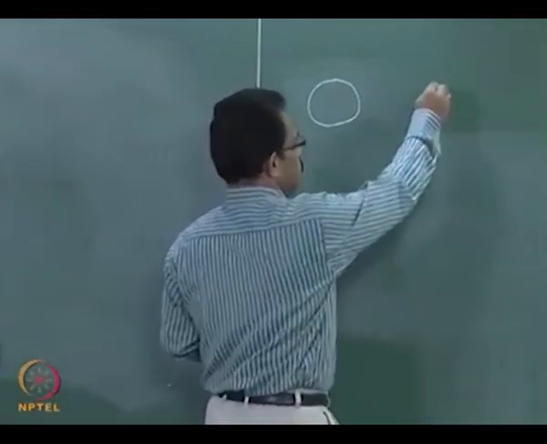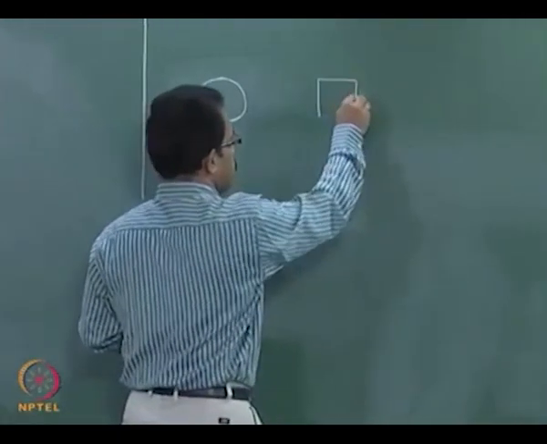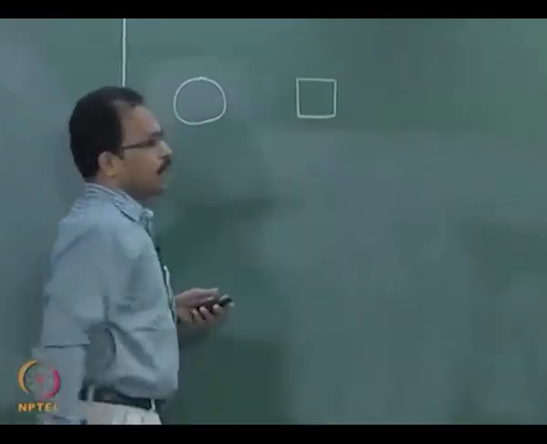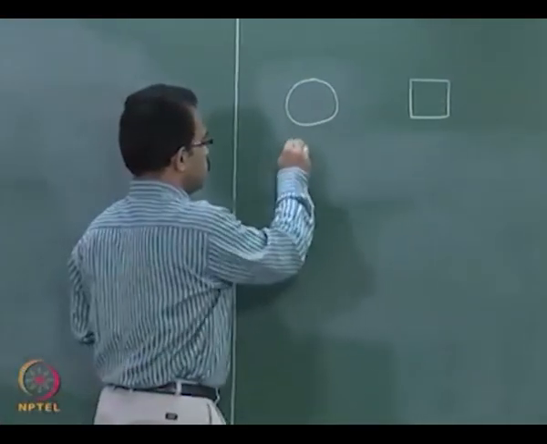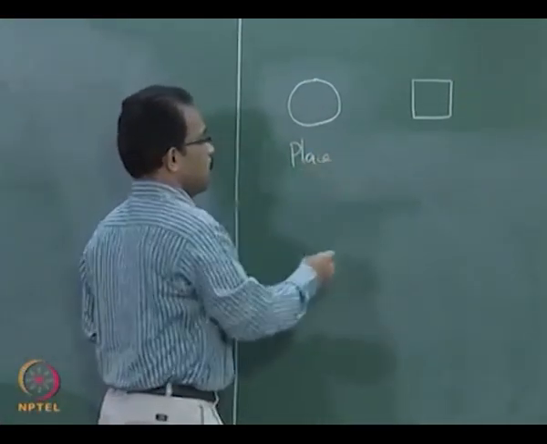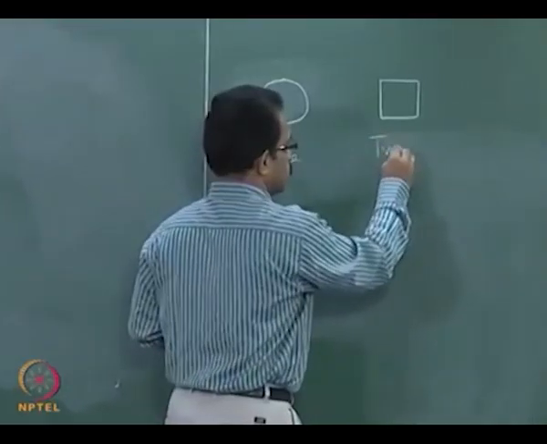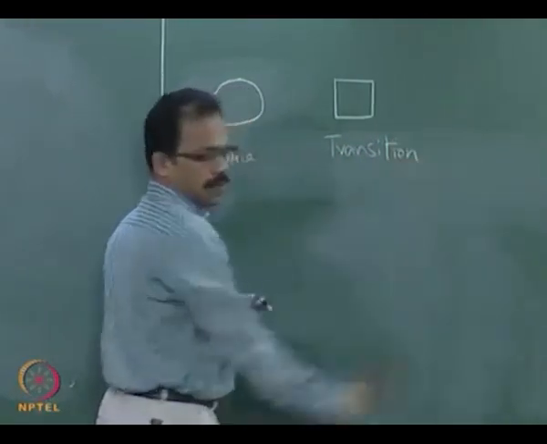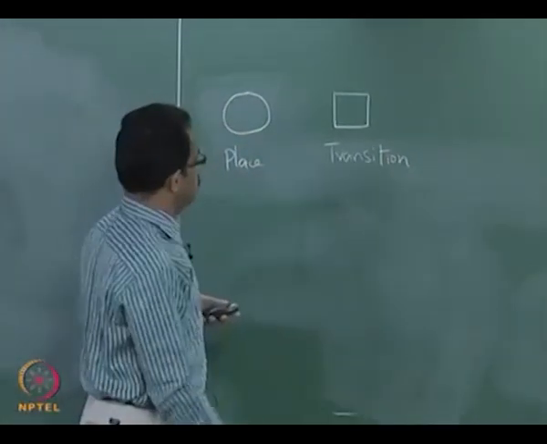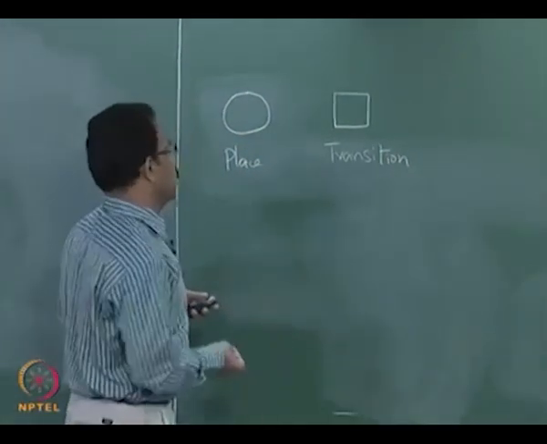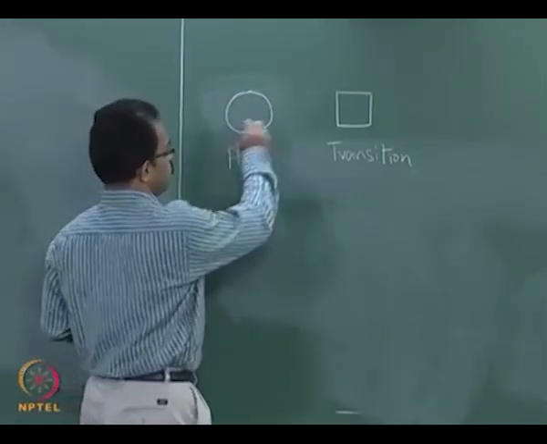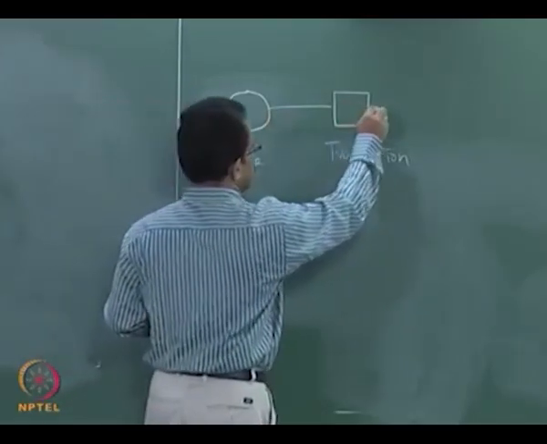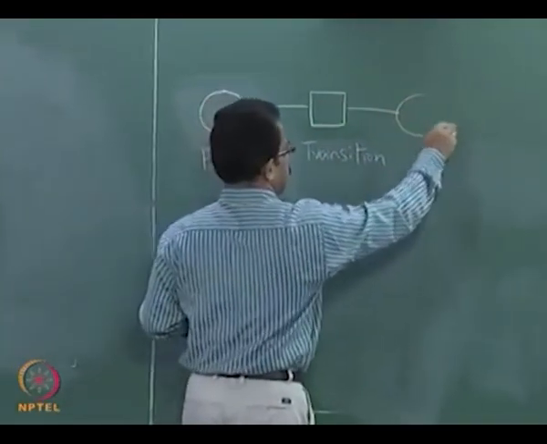The transitions are represented by rectangles. This is a place, transition, and then we have the arcs which actually represents the movement or the dynamics of the system. So we can actually have the arcs which actually connecting the places and transitions.